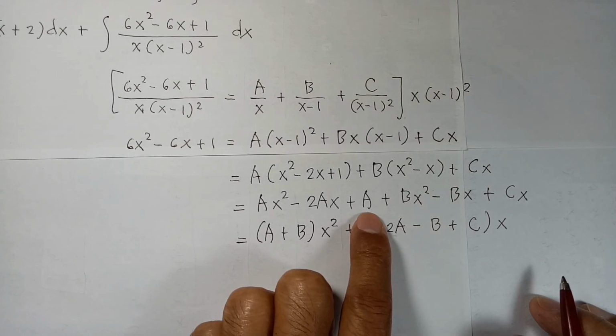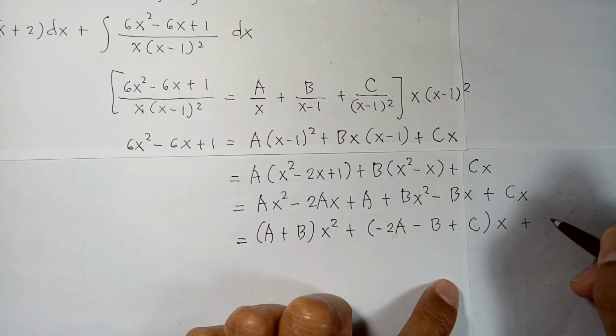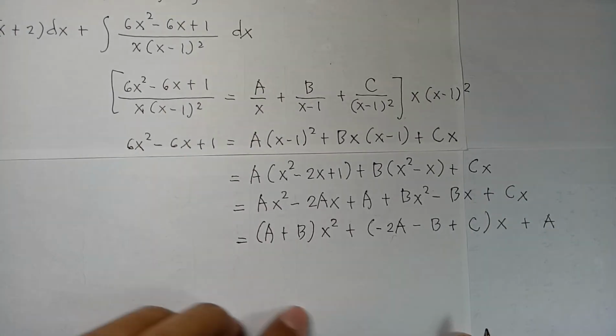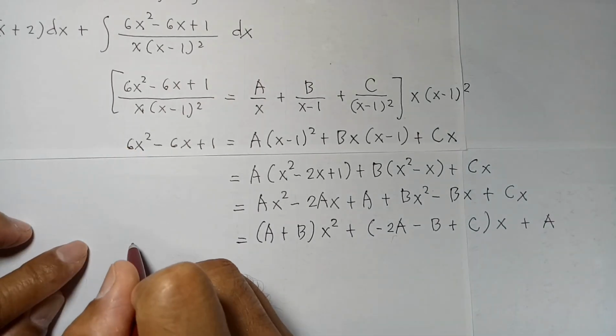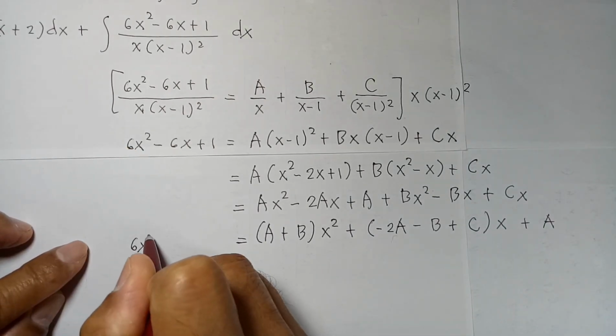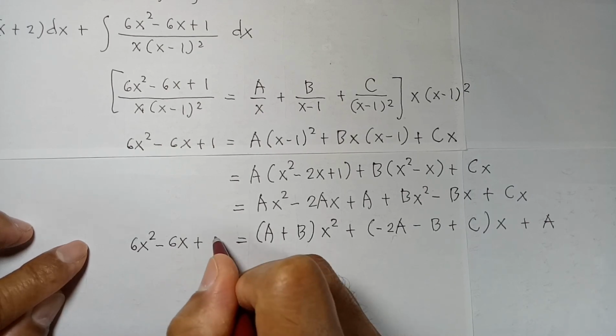And then we have that constant a. So plus a. So this is equal to 6x squared minus 6x plus 1.